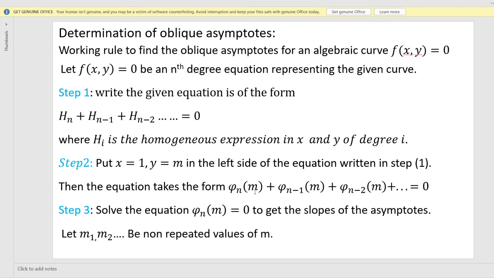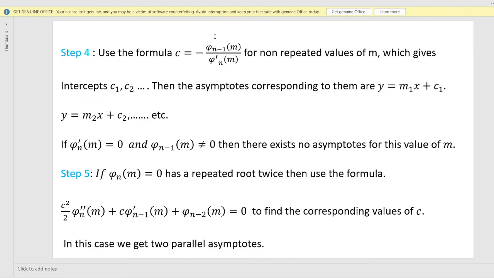We get the slopes of the asymptotes, and let m1, m2 and so on be the values of m. If we get non-repeated values of slopes, then use this formula: c is equal to minus phi n minus 1 of m divided by phi n dash of m.